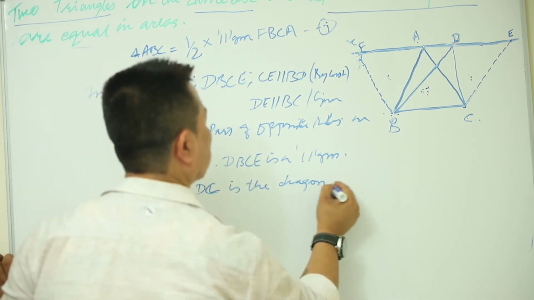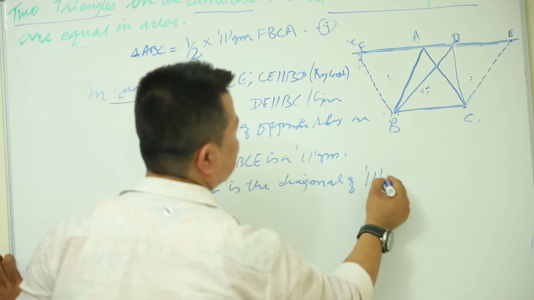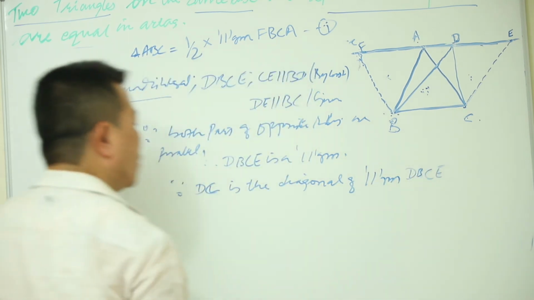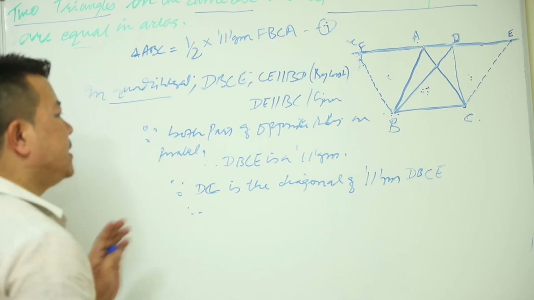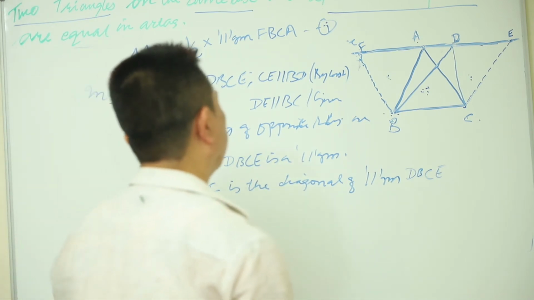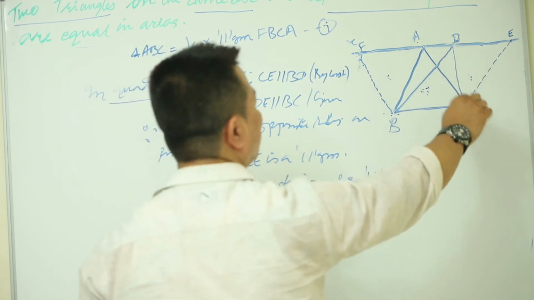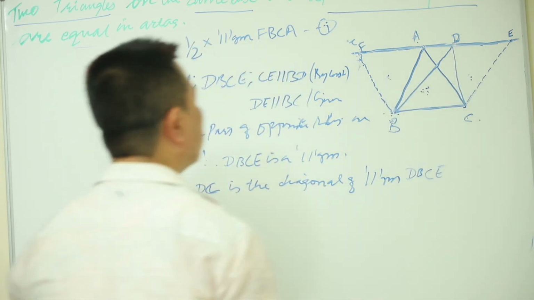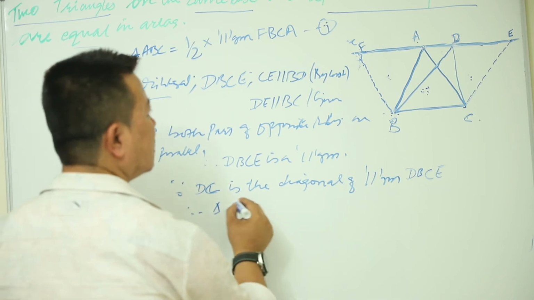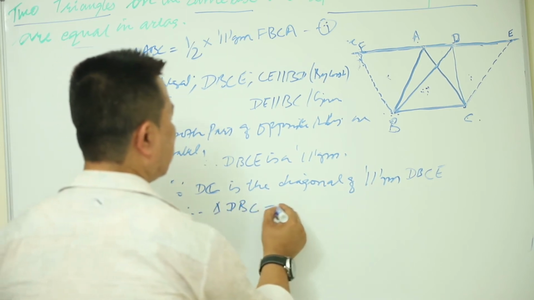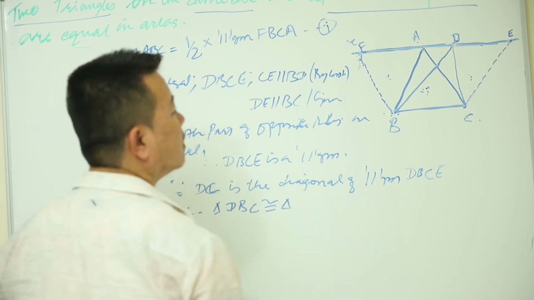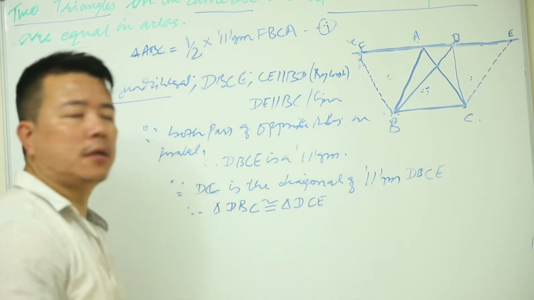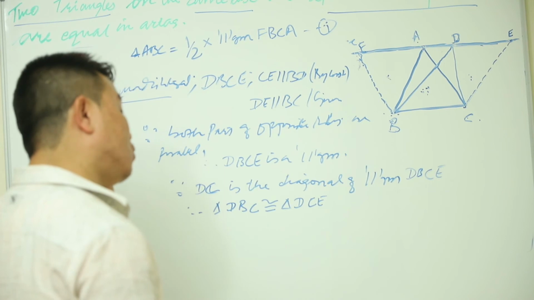Since DC is the diagonal of parallelogram DBCE, therefore triangle DBC is congruent to triangle DCE. The reason: the diagonal divides the parallelogram into two congruent triangles.